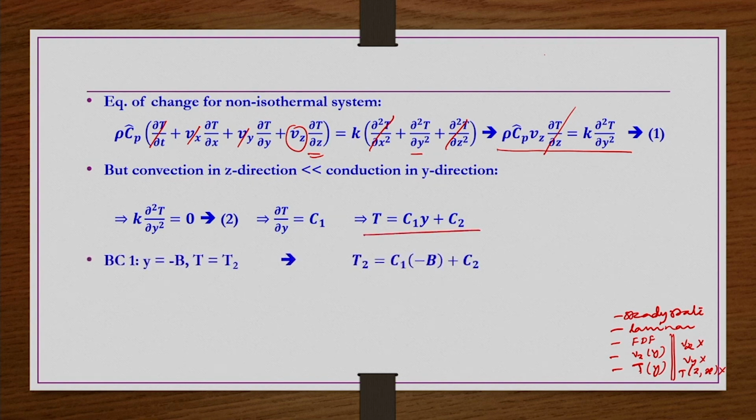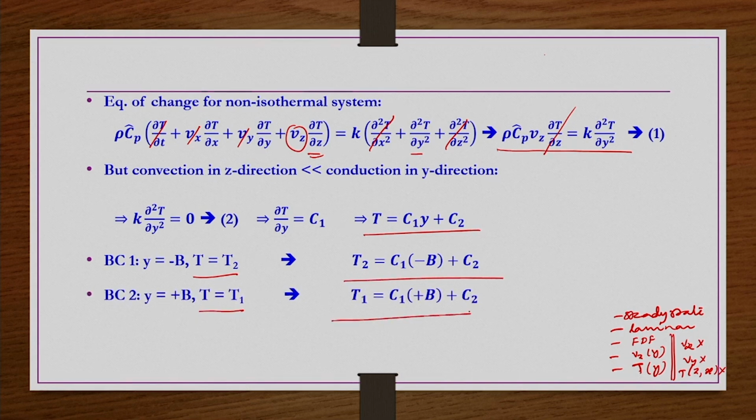We have two boundary conditions, T equals T2 at y equals minus b, and T equals T1 at y equals plus b. So we have two equations and two unknowns, C1 and C2, so we can find them. Now if you add them together, C2 is equals to 1/2 (T1 plus T2).